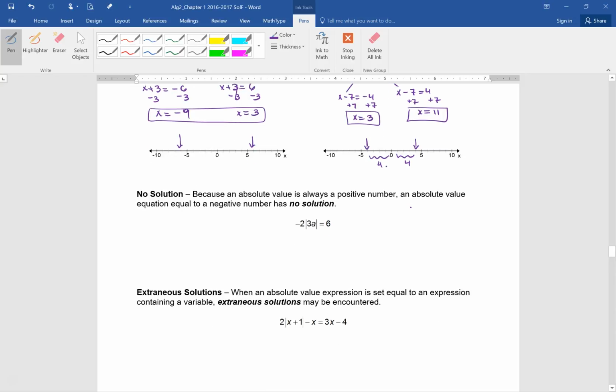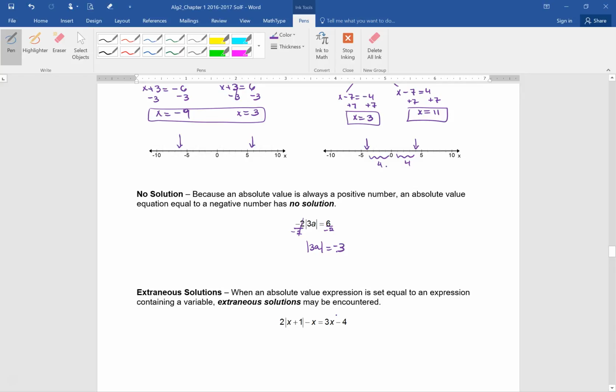Okay, so look at this one. What you want to do first in this is isolate the absolute value. That's what we always do first. To isolate this one, I have to divide both sides by -2. Now I get that the absolute value of 3a is equal to -3.